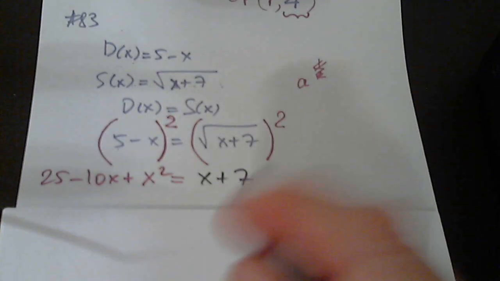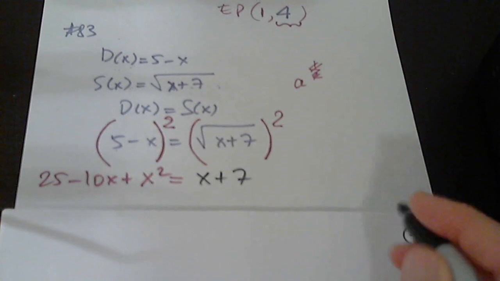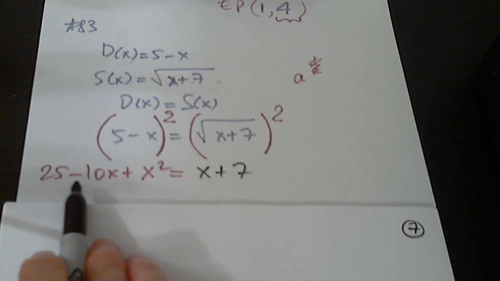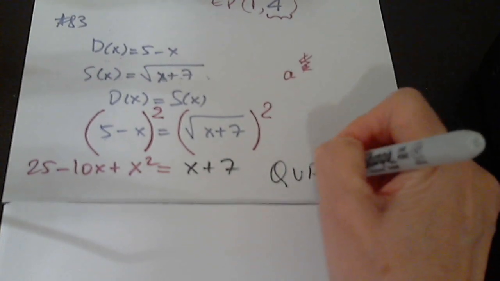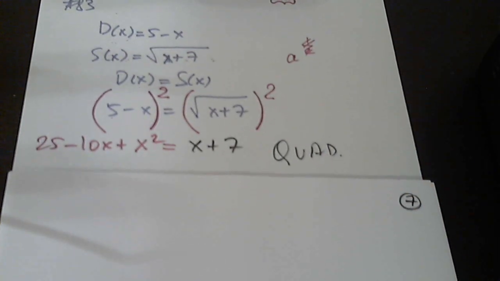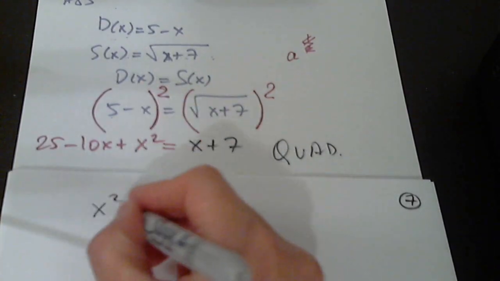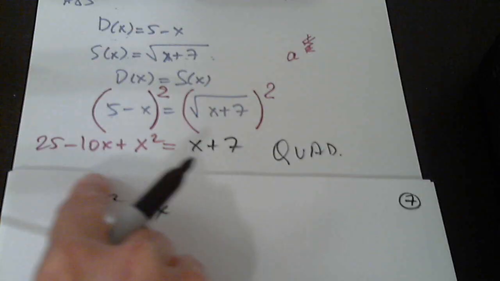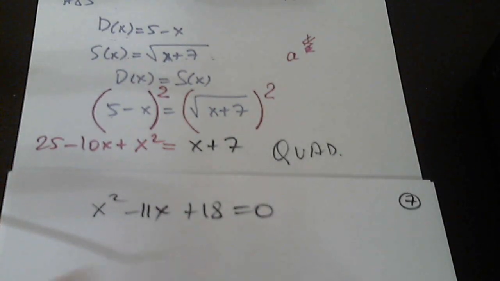This is what type of equation now? Quadratic. Thank you. I need everything to one side, simplified, combined like terms, 0 on the other. X squared minus 11x plus 25 minus 7. I'm fine if you use the poly feature in the calculator.